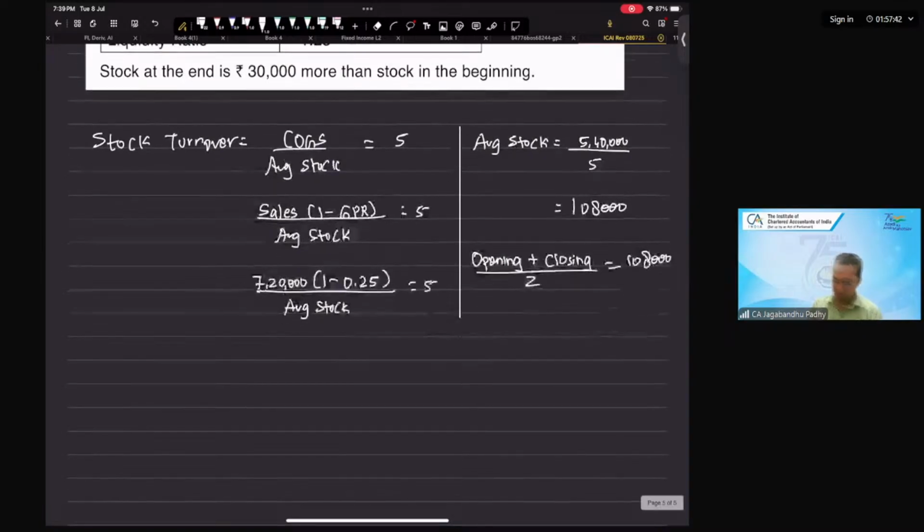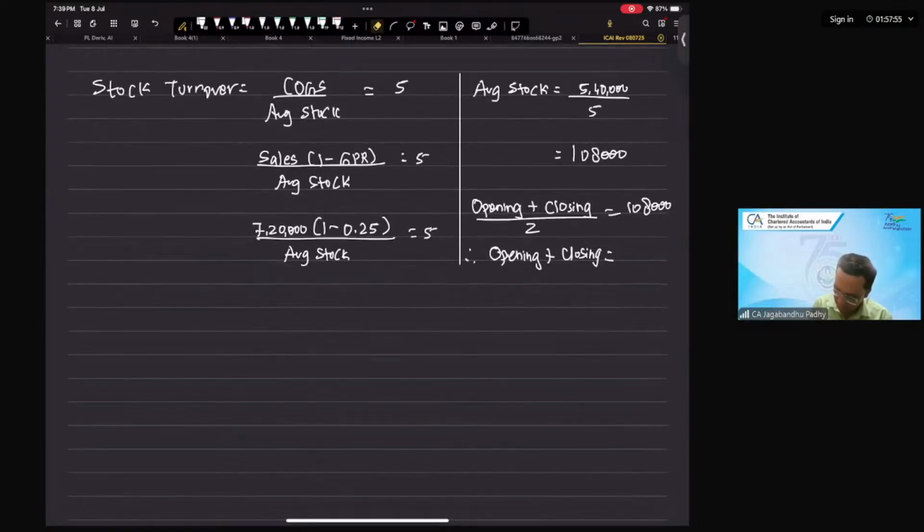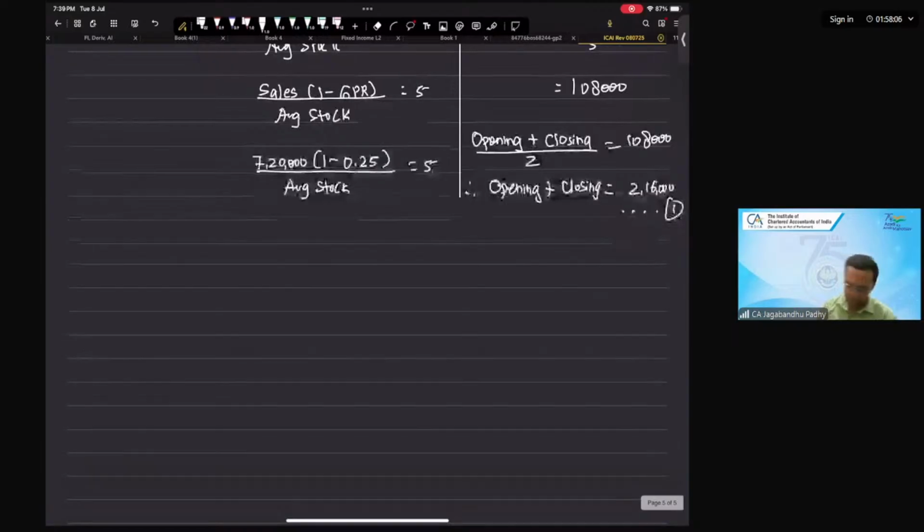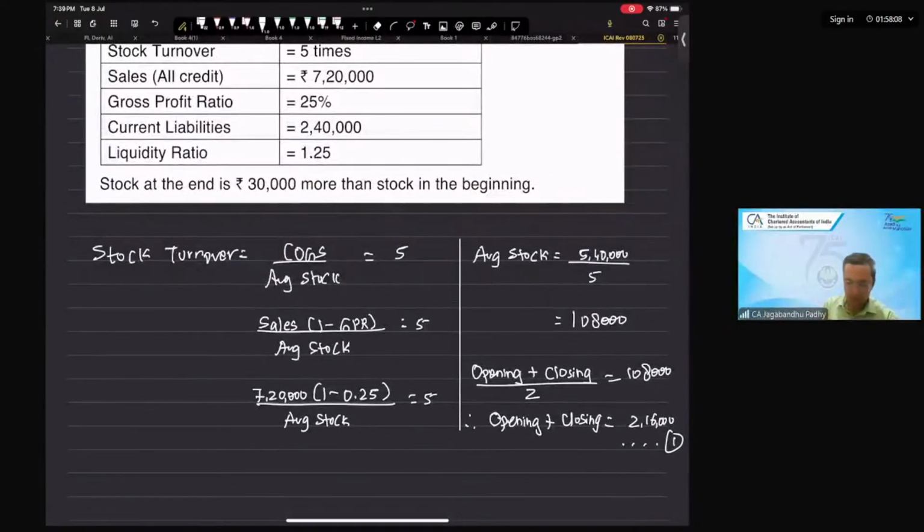Okay. So we can simply then say that this is opening stock plus closing stock equal to 1 lakh 8,000 into 2, which is 2 lakh 16,000. So opening plus closing is 2 lakh 16,000. This is my first equation. And then we have information that stock at the end is 30,000 more than the stock in the beginning.